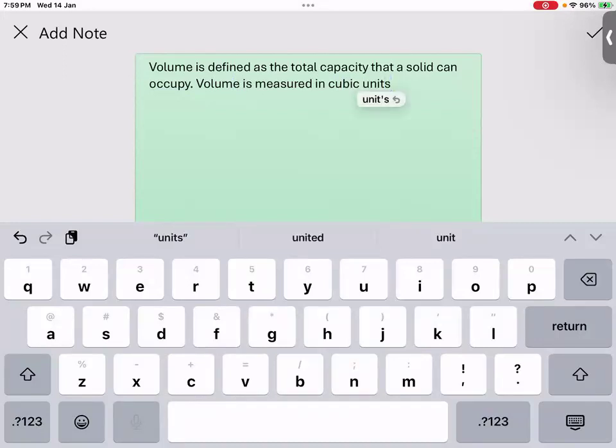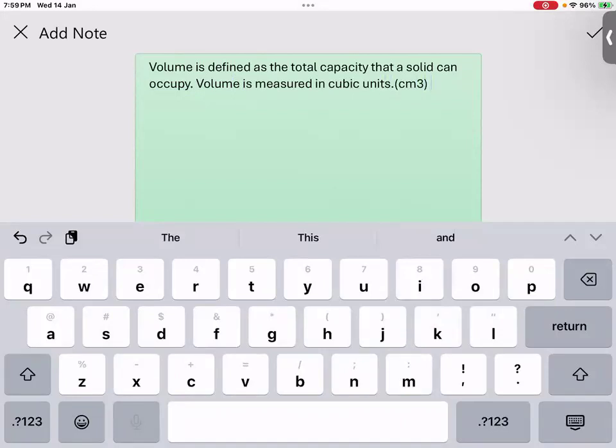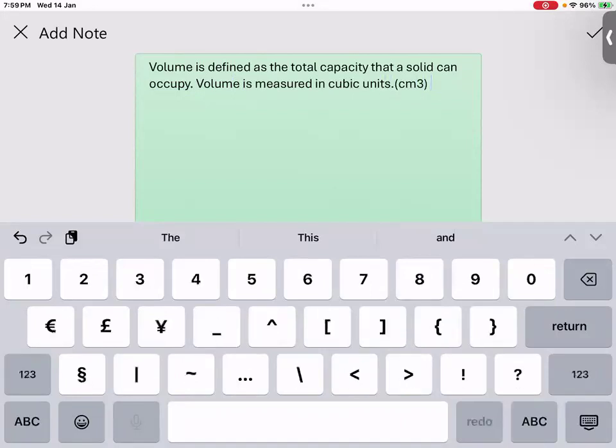So as opposed to writing down the answer and saying the answer is cm squared, we're going to instead write down something like cm to the power of 3. Or it can be measured in what is referred to as liters.